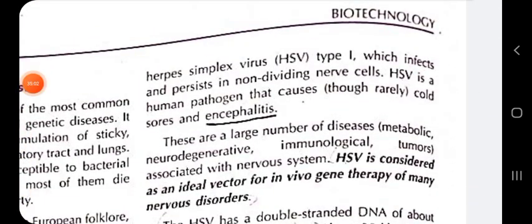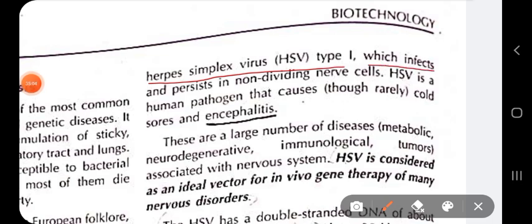Herpes simplex virus type 1 is infecting and persisting in non-dividing nerve cells. So it can infect and remain within the non-dividing target cells, nerve cells. Herpes simplex virus is a human pathogen that causes cold sores and encephalitis.